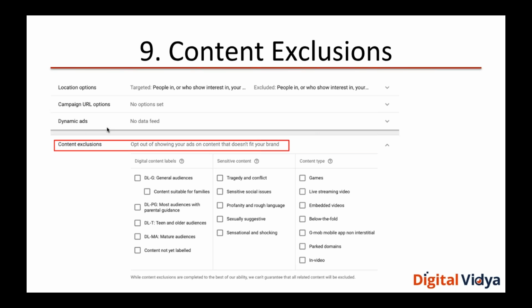Below the fold means when you see a website, you see only the first half. Then you have to scroll down to see the next half, right? So the part which you can't see is called below the fold. So if you don't want your ads to show below the fold, you can put it there. Park domains or inside video. So depending upon where you don't want your ads to appear, you can check mark those boxes. Is this clear?